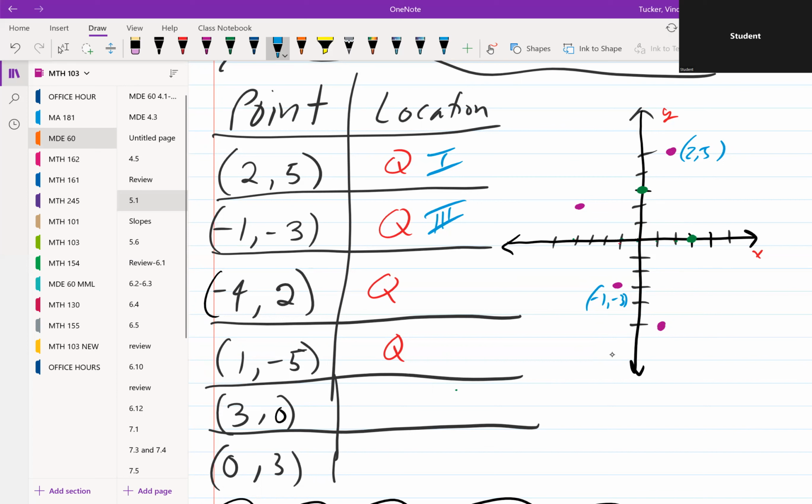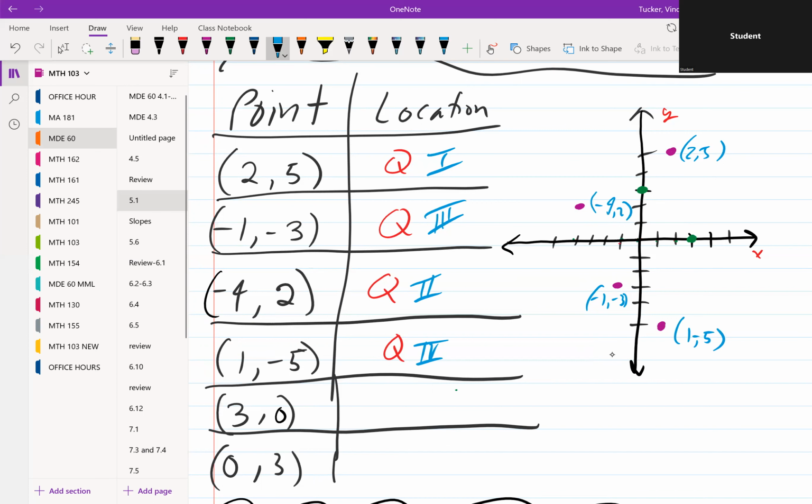Next one, -4, 2. Go to the left 4, up 2. That'll put us right here, which would be quadrant 2. That fourth one, I'll go to the right 1, down 5, and that'll put us right here. And that will be quadrant 4.